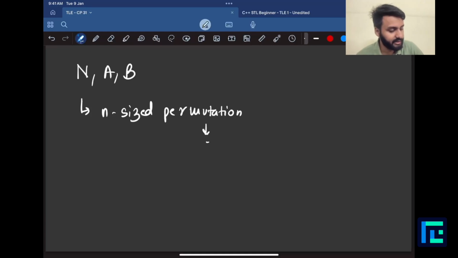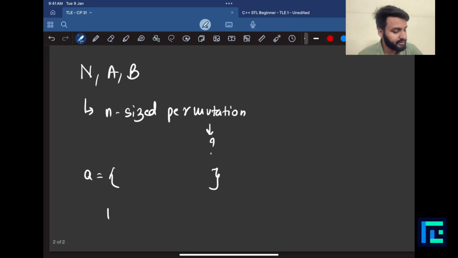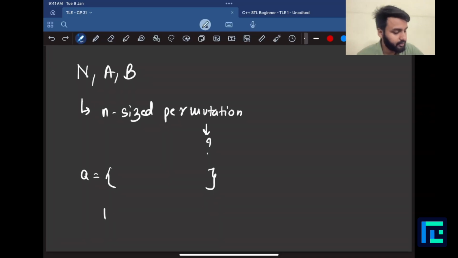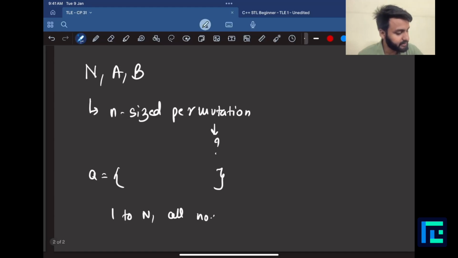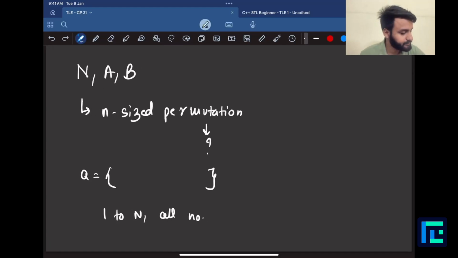When you talk about an n size permutation, we talk about an array made from some numbers. But when we say it's an n size permutation, we say this array will be made from numbers only from 1 to n, and all numbers will be distinct.